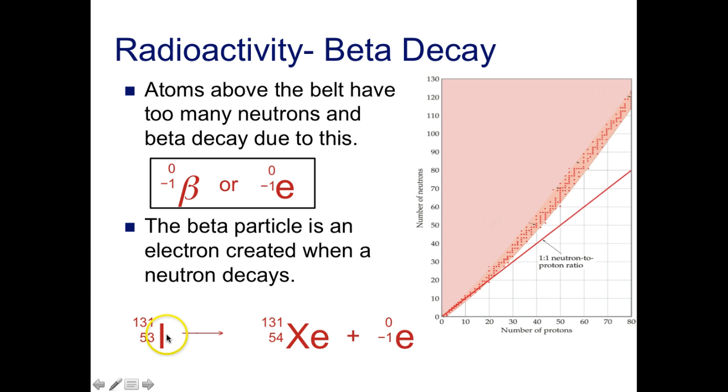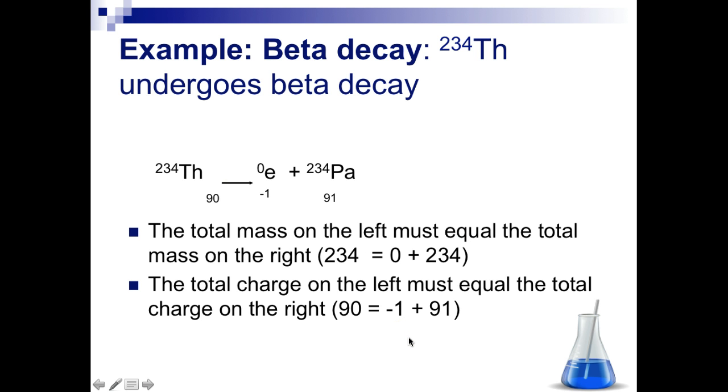So for example, we have iodine 131 here. When it undergoes beta decay, it becomes xenon 131 and it emits a beta particle. So let's look at examples of beta decay. Thallium 234 undergoes beta decay. When it undergoes beta decay, it releases a beta particle.